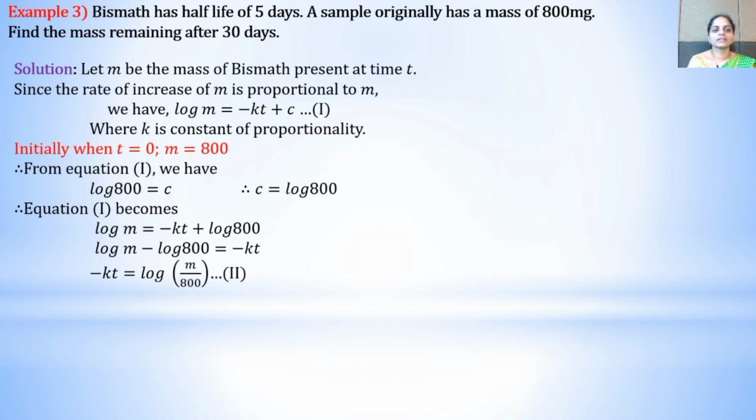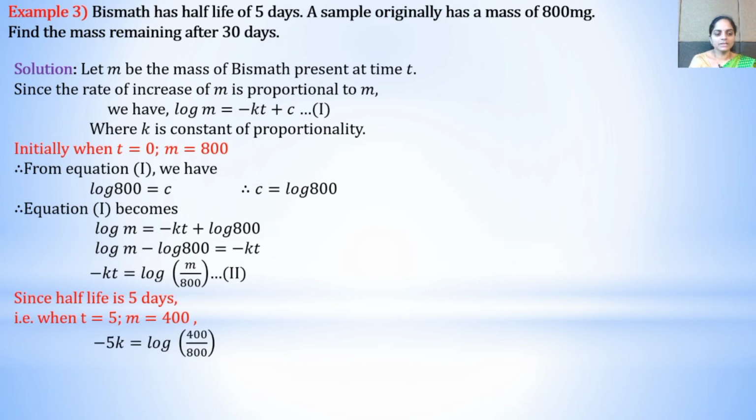It is given that bismuth has a half-life of 5 days. Original mass is 800. After 5 days, mass will be 400. So we take t equal to 5 and m equal to 400. Now we put the values of t and m in equation 2. So equation 2 becomes minus 5k is equal to log of 400 divided by 800.